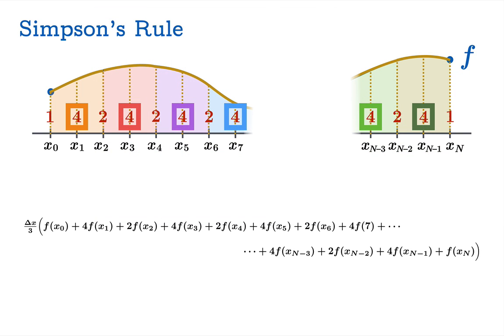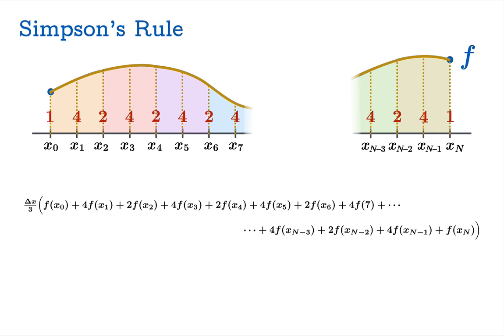They're always appearing as the center of one of the applications of the 1-4-1 rule. The 2s occur because you're getting contributions at the endpoints of 1-4-1 rules that are adding up together because you're joining these two together. But at the very endpoints of the interval, there's nothing to contribute to those, so those remain 1. So there's the origin of your pattern of coefficients, the very distinctive Simpson's pattern of 1, 4, 2, 4, 2, 4, etc., 2, 4, 1.